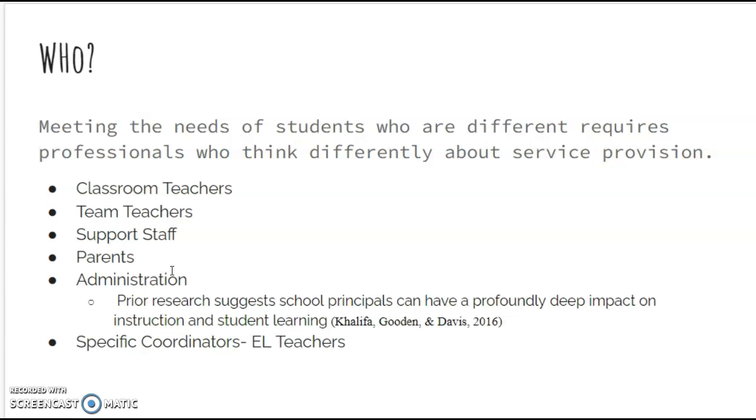Primarily, I see the classroom teachers and the team teachers working together for this, as well as the support staff, because they are every day working with those students. I also highlighted parents as well, because we are such a tight-knit group and such a strong relationship is needed in order to fully support that student.